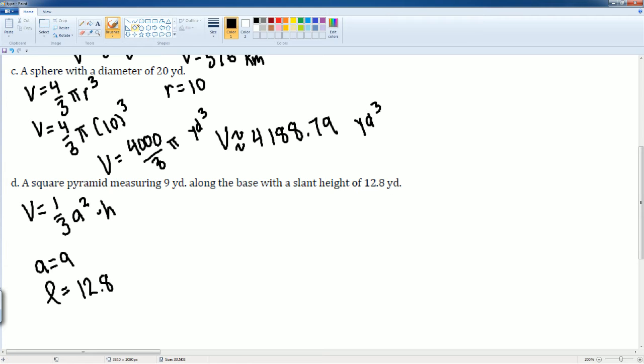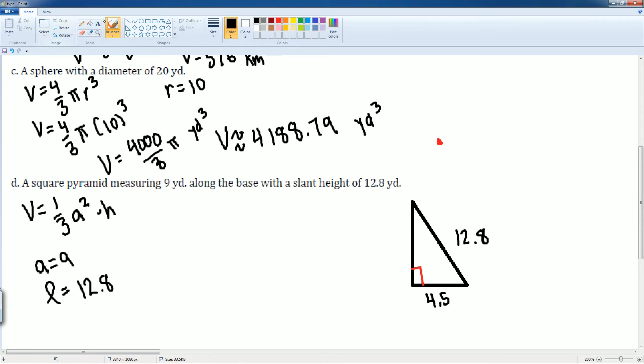So again, we have to apply the Pythagorean theorem. Let's label this. So we know the slant height is 12.8, and then we know that the bottom is 9 in complete length. So the base here is just 4.5.